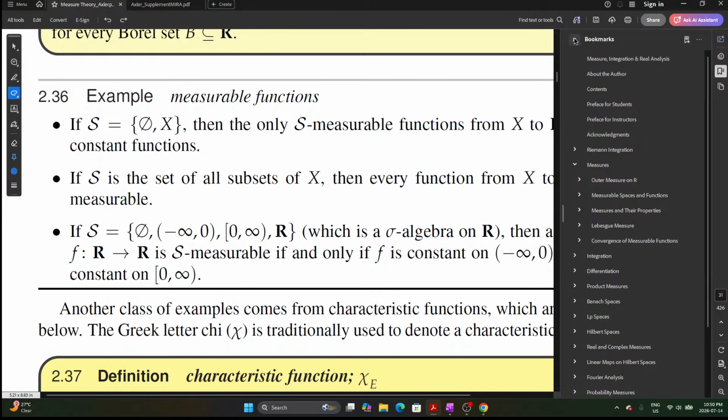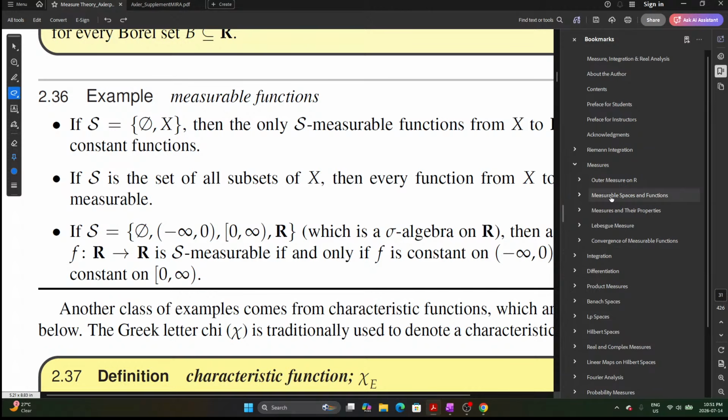And the main goal of this chapter, chapter 2, is to construct the Lebesgue measure. So remember, we defined outer measure. And now we're doing sigma algebra, especially the Borel sigma algebra. And it turns out that if we restrict our measure to the Borel sigma algebra, you do get a measure.